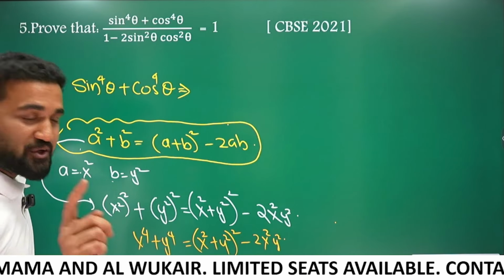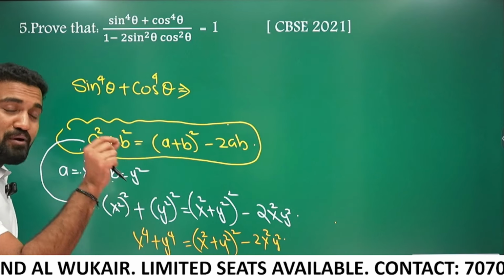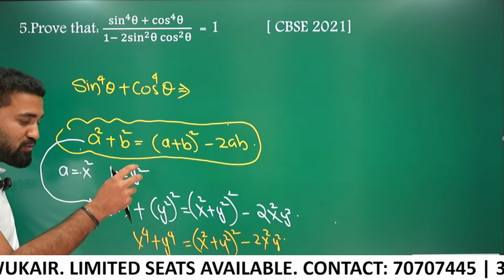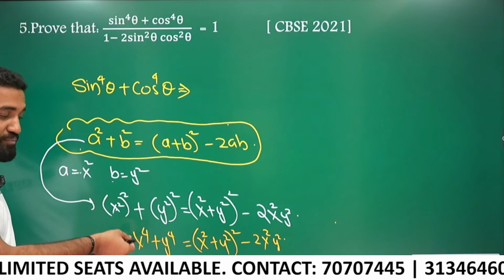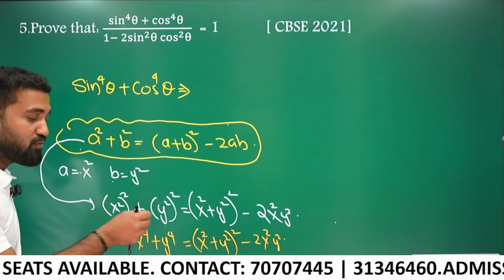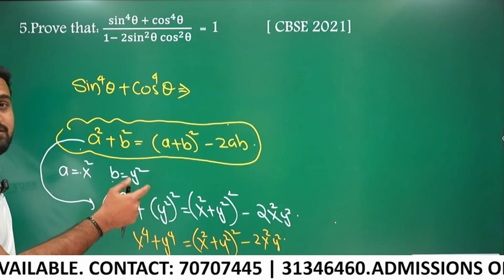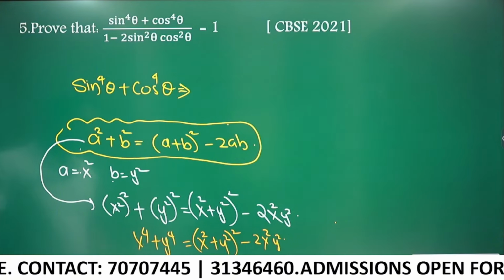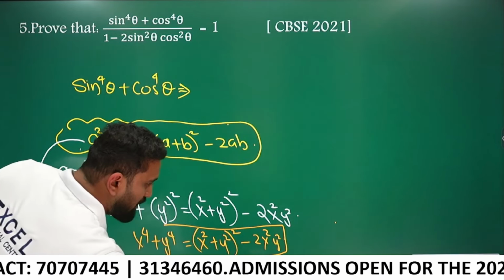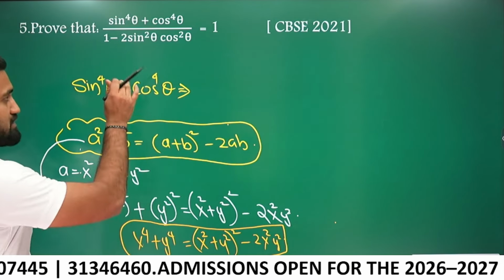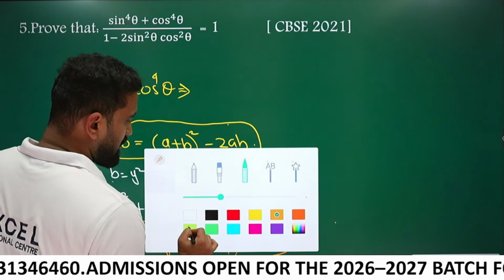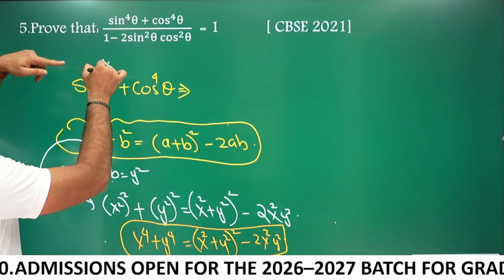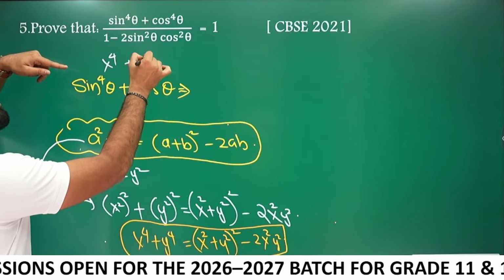We will never say you need to learn this formula by heart, but you need to learn the root map of how the formula for something raised to 4 plus something raised to 4, and something raised to 4 minus something raised to 4, originates. Got it? So let me apply this over the equation here. See, x raised to 4 plus y raised to 4, what is the value?